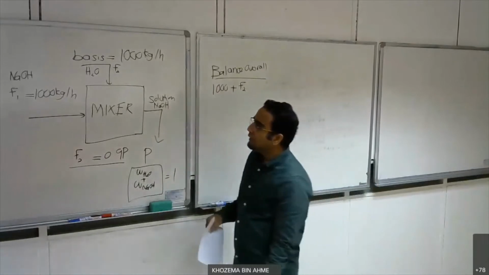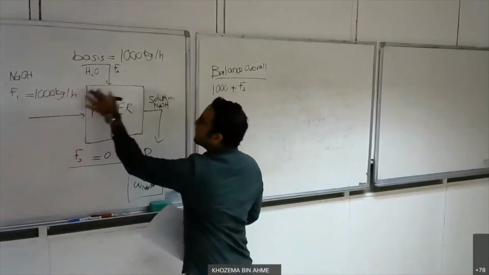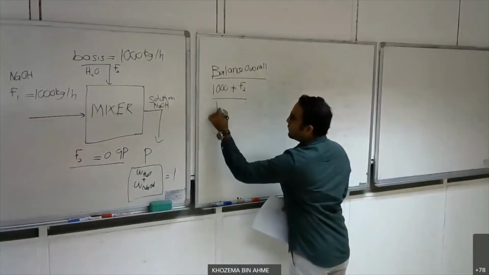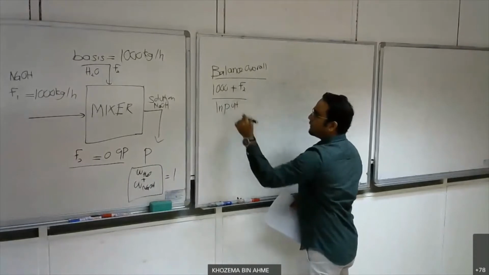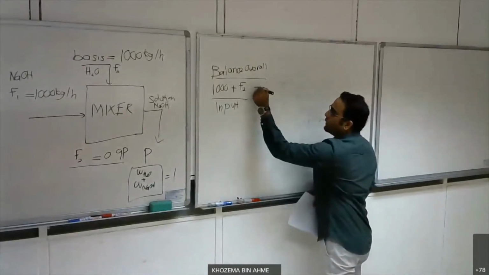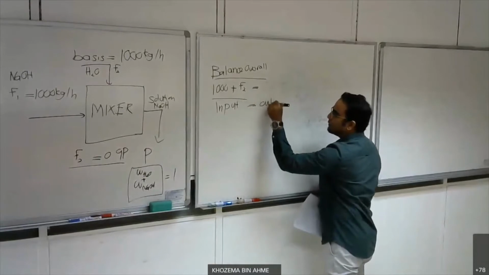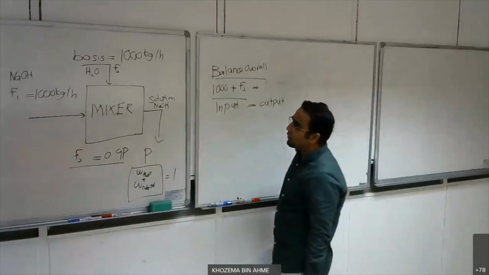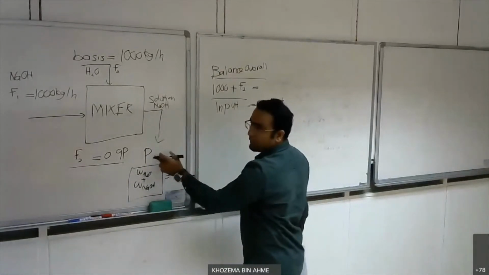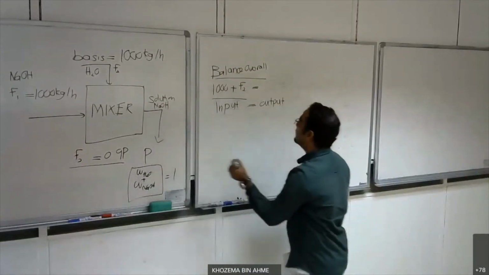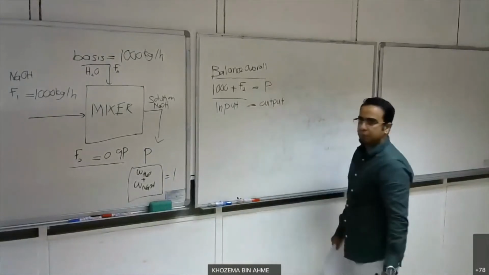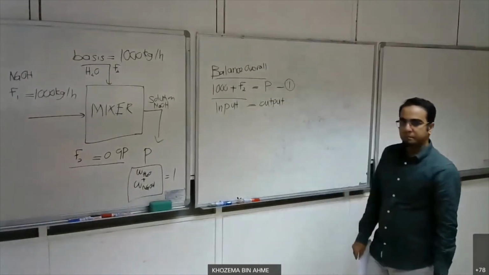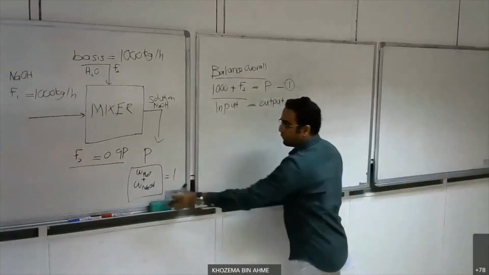Anything else coming in? No, I only have 1,000 and F2 coming in. So this is my input. Now I want to equal it with my output. The only thing coming out of the mixer is my P, the flow rate of product. So it's equal to P. So this is our first equation. Input equal to output.